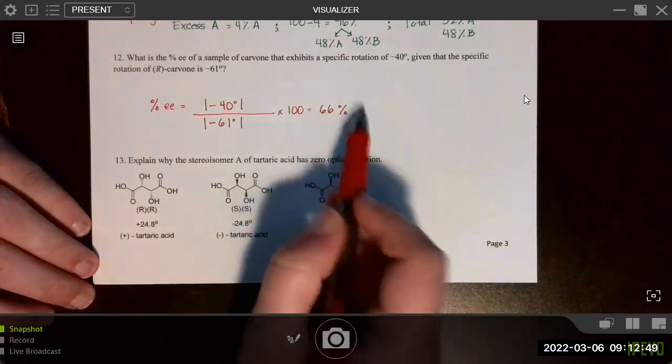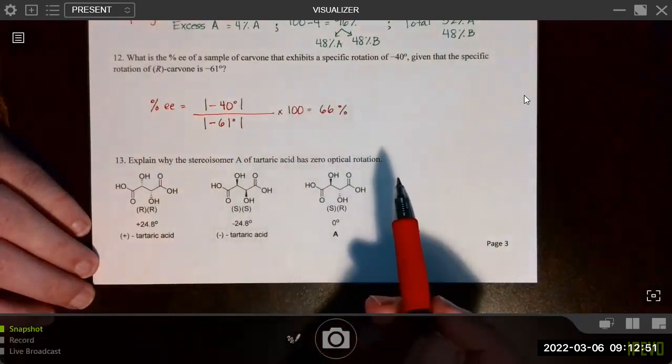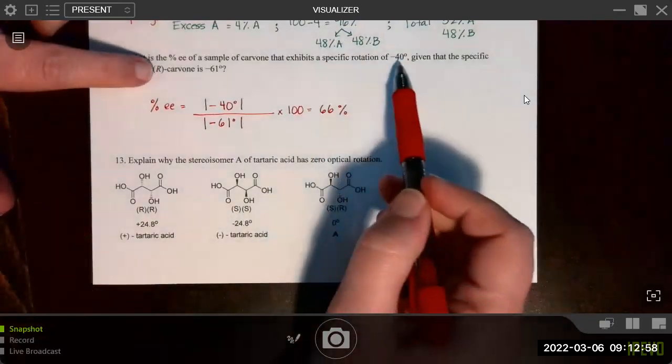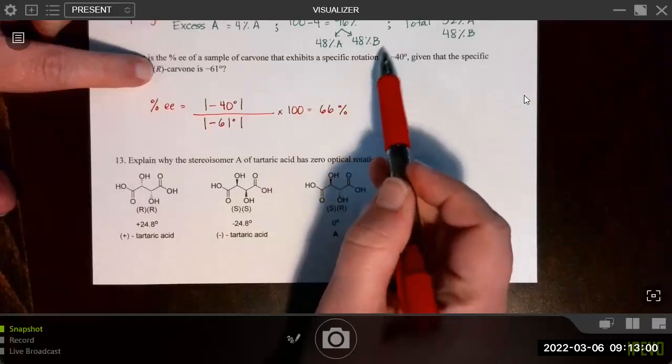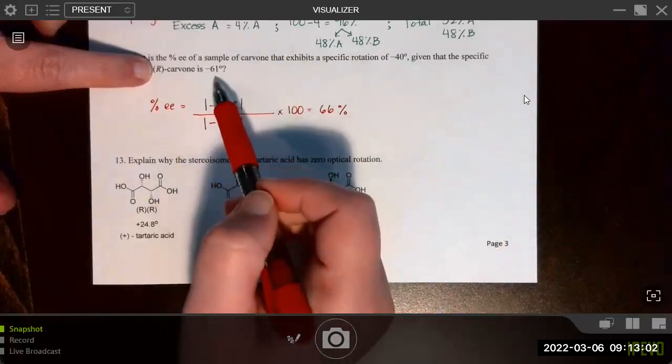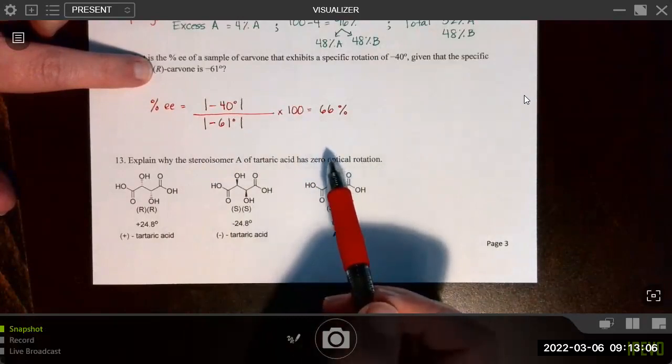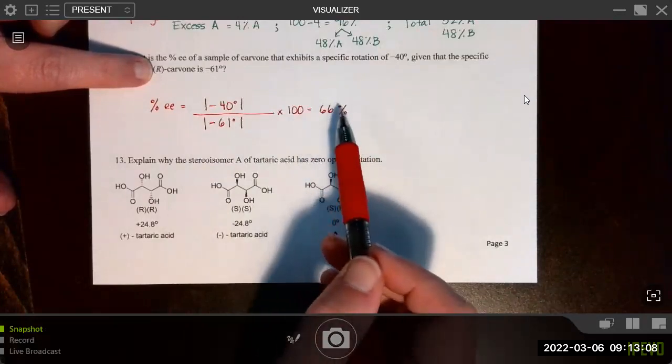It didn't ask us how much of each enantiomer we have, right? But if we wanted to, we could answer that question, as the mixture is rotating in the levorotatory direction, and so is our carbon. So we know we have more R carbon than S carbon, specifically 66% more.